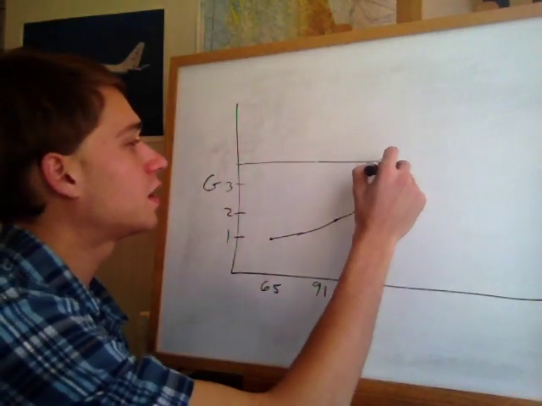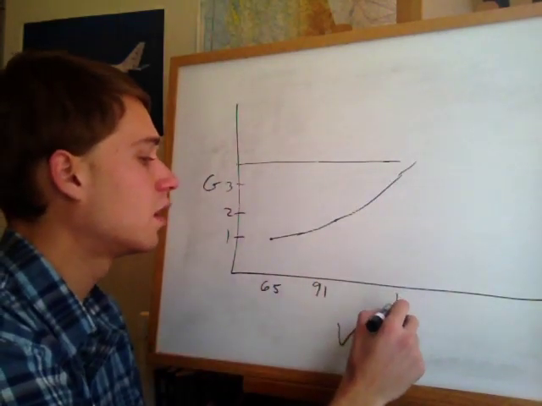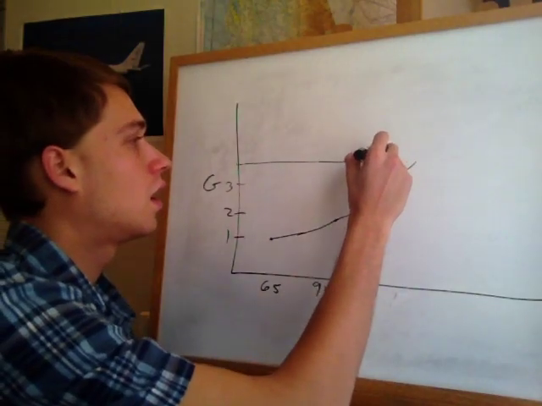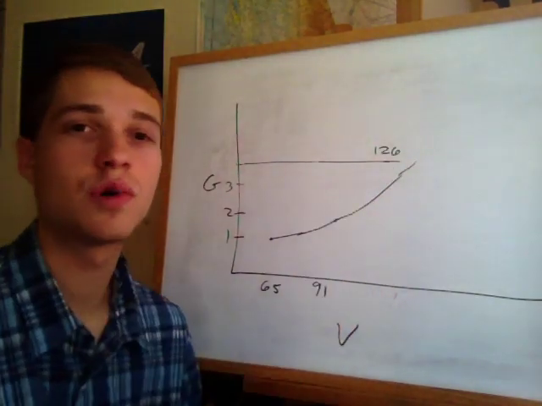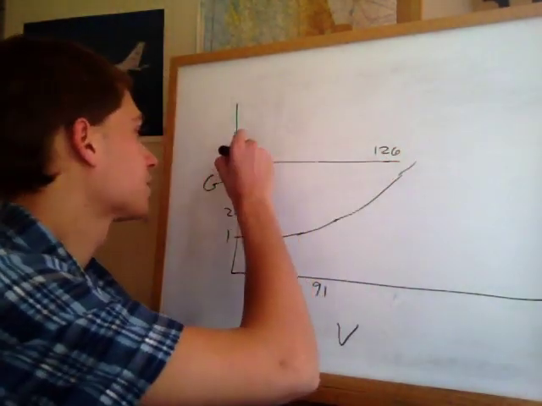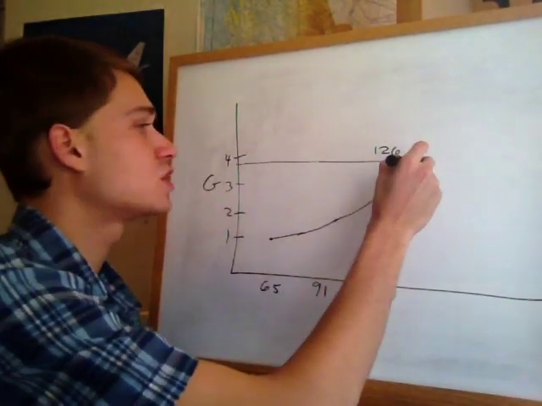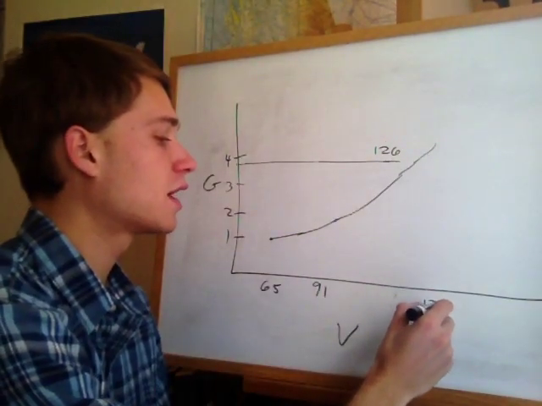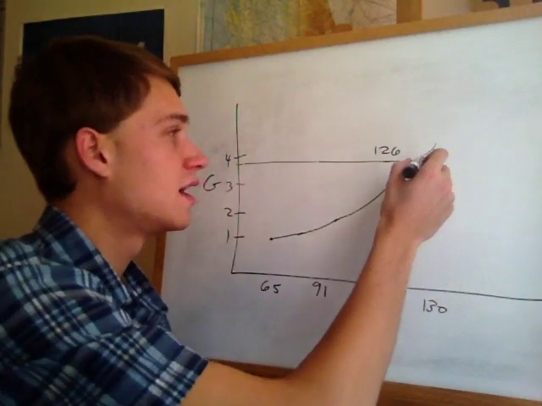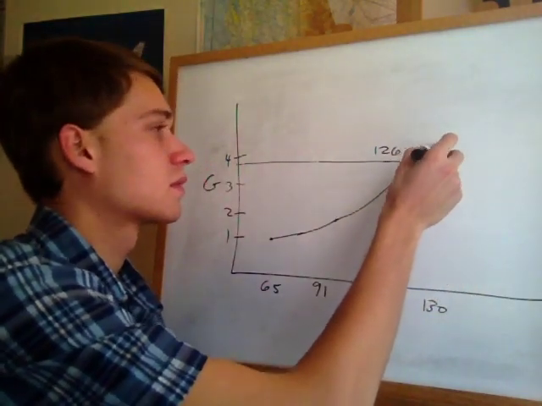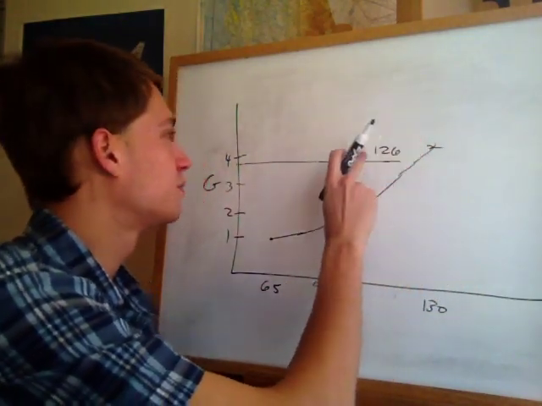So right up there ends up being about 126 knots for this airplane. Take it up to 4 G's, and if you fly the airplane at 130 knots and you pull 4 G's, you're going to stress the airplane too much.